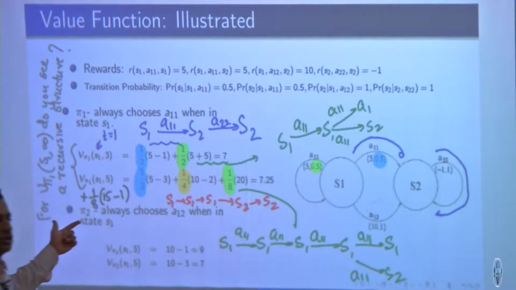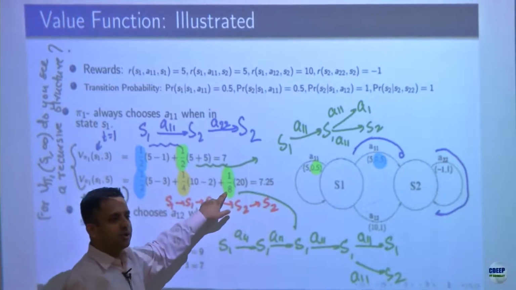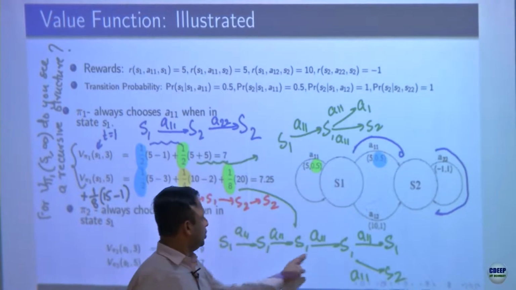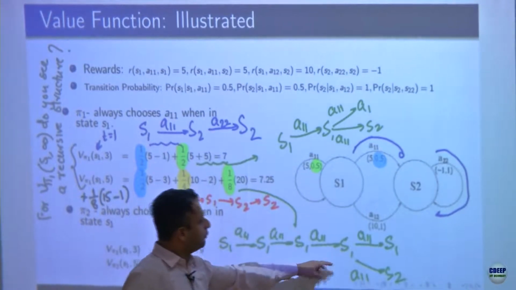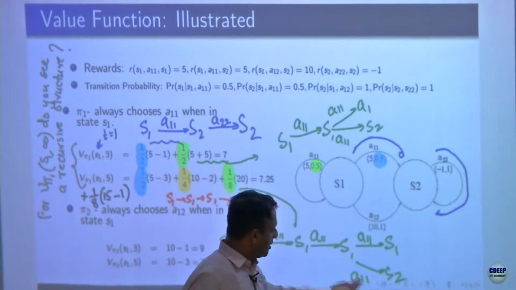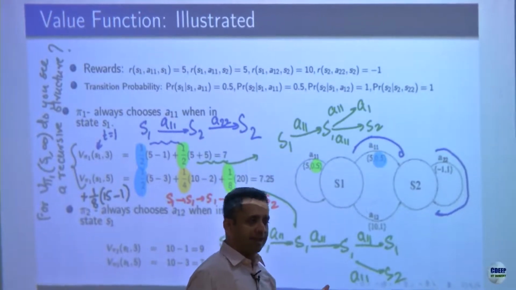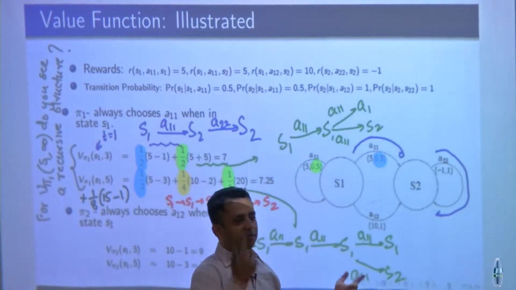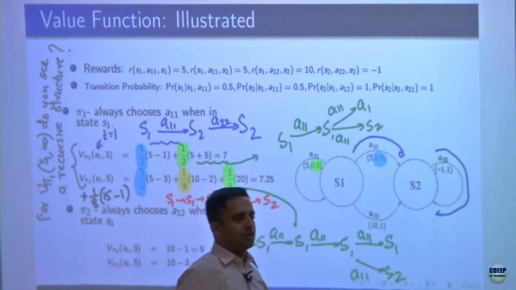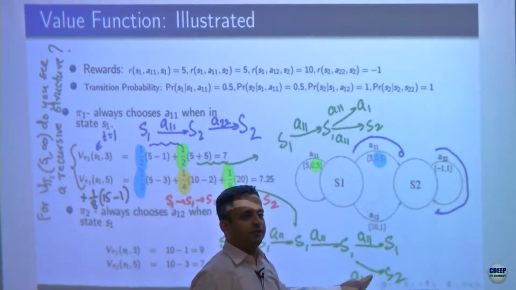Does that help? The third term which you are asking for, 1 by 8, corresponds to moving to S1 3 times. In the fourth step, you can either branch off to S1 with A11 or to S2 also using A11. So the two basically add up to 1, and each of them is 5. So 5 into 0.5 plus 5 into 0.5.